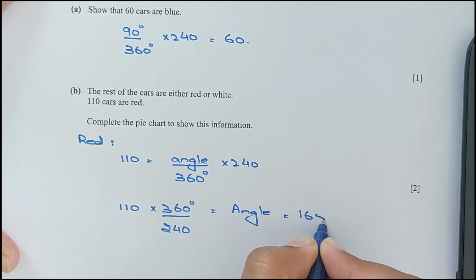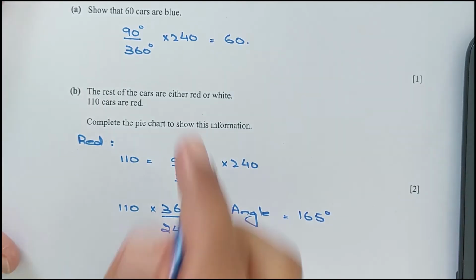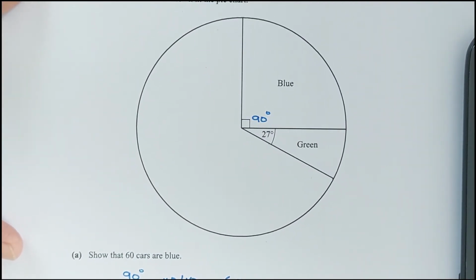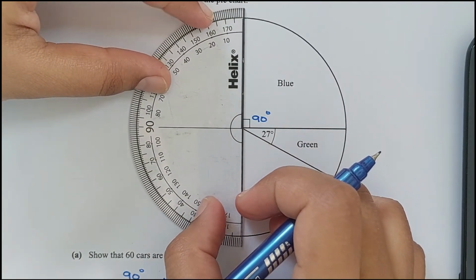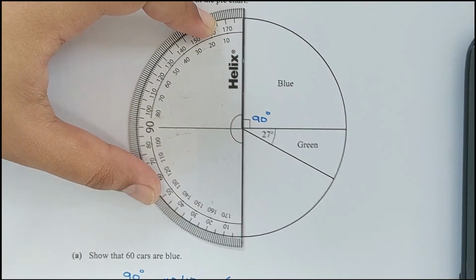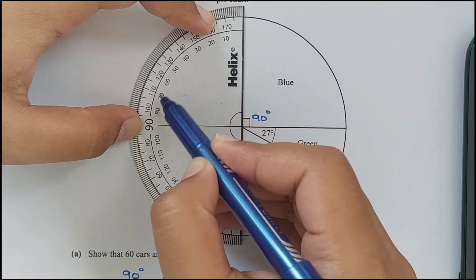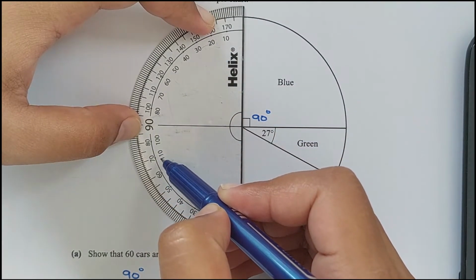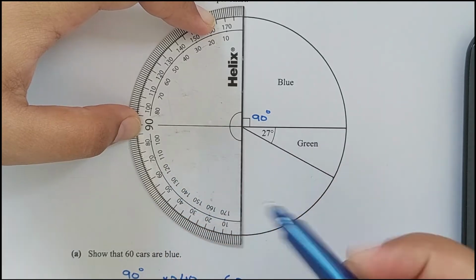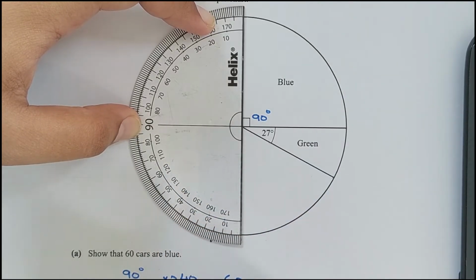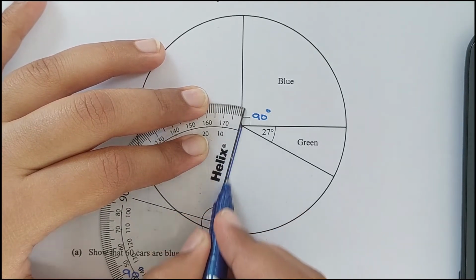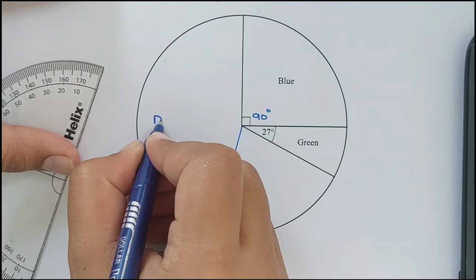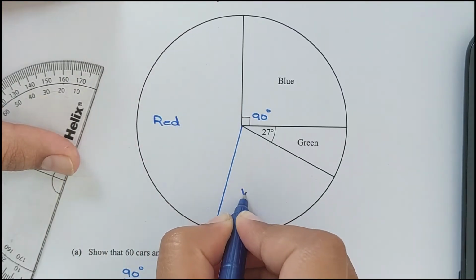So the angle is 165 degrees for red, and the other one is white. Okay, let me complete the pie chart. Let me measure the angle 165. So this is 90, 100, and 165 is over here. This is for red and the other one is white.